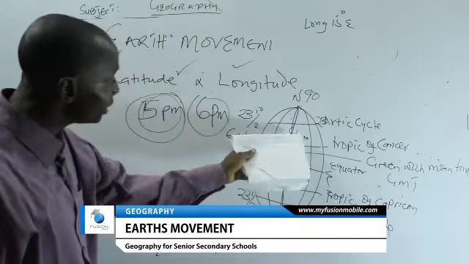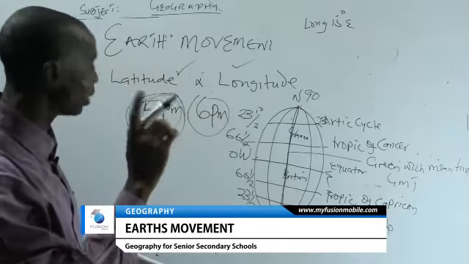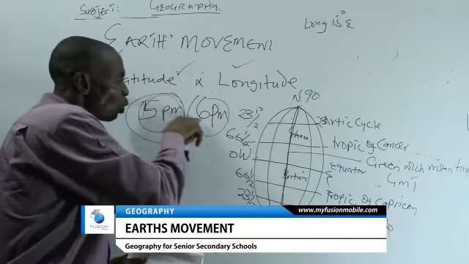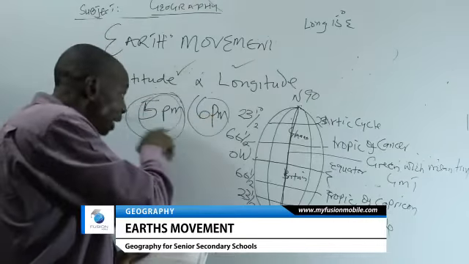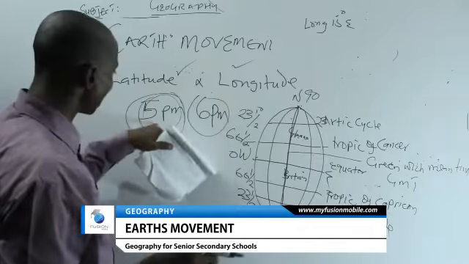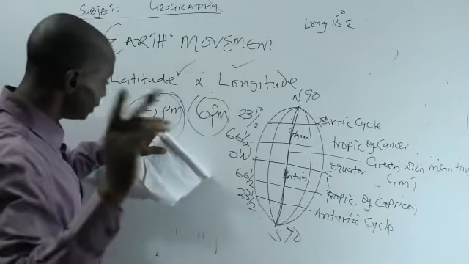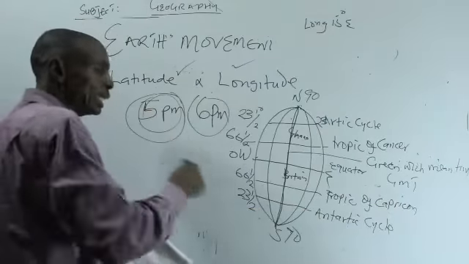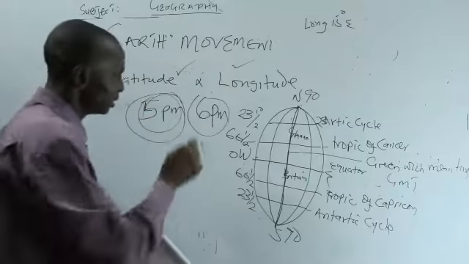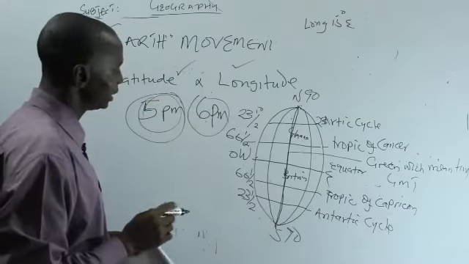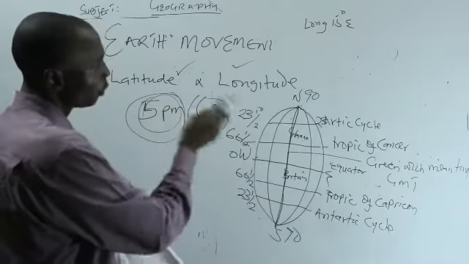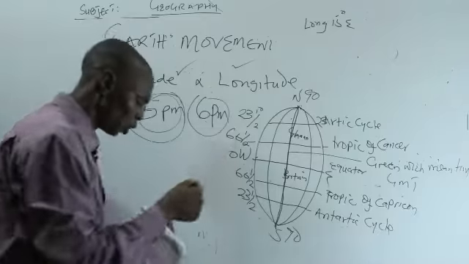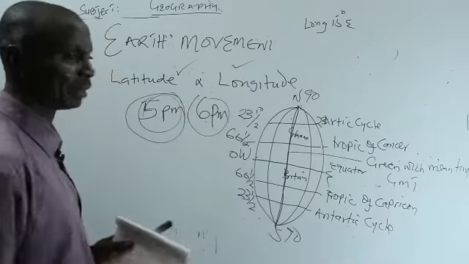So 15 degrees equals 1 hour. Now we are 1 hour ahead, the same match but at a different time. While in Ghana their local time is 5 o'clock, in Nigeria the same match, we are watching it at a different time. So when we talk about longitude, it's used to calculate time.